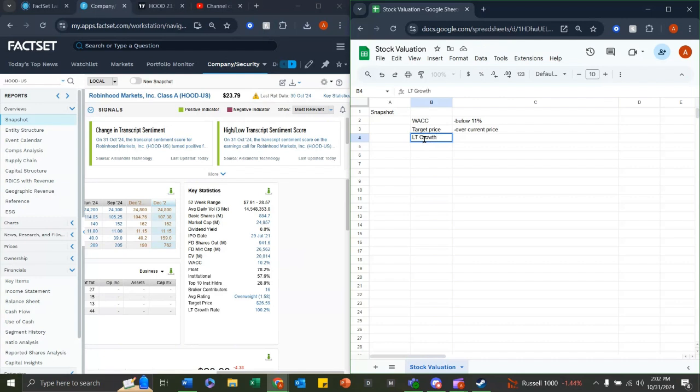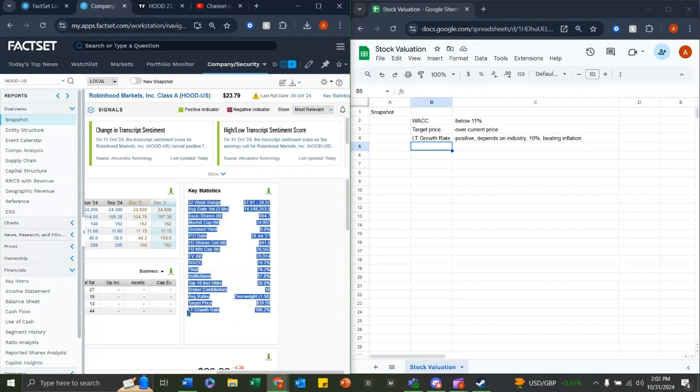LT growth rate: positive, depends on industry. As a general rule of thumb, I want to say 10% beating inflation. Robinhood's long-term growth rate, you can see right here, is 100%, which is very, very nice.